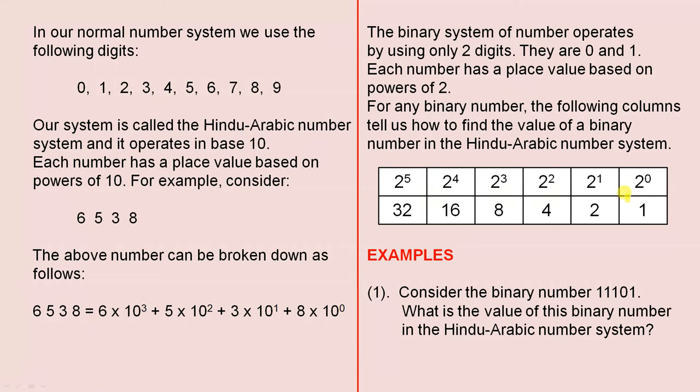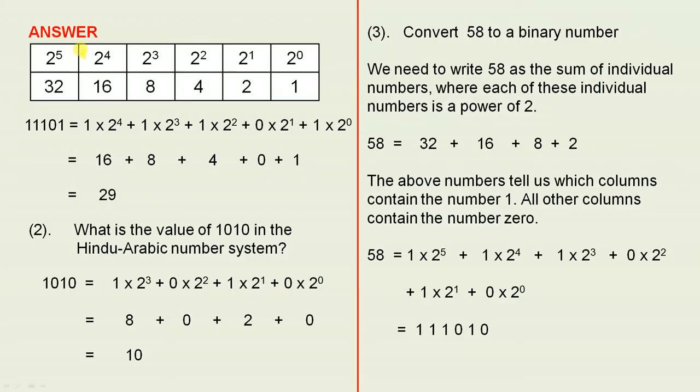So let's see how an example actually works. Consider the binary number 11101. What is the value of this binary number in the Hindu-Arabic number system? Let's have a look. This is the answer. We do it this way.